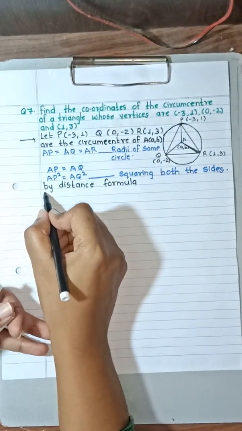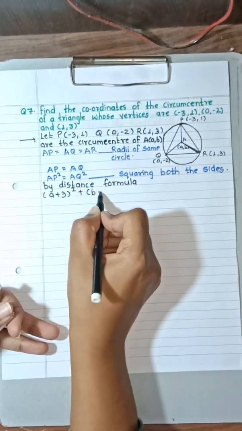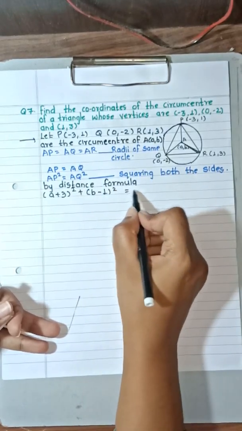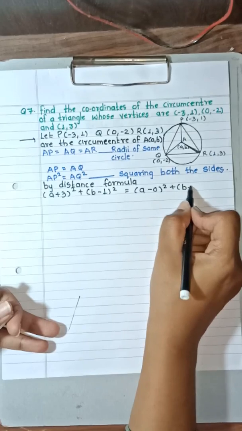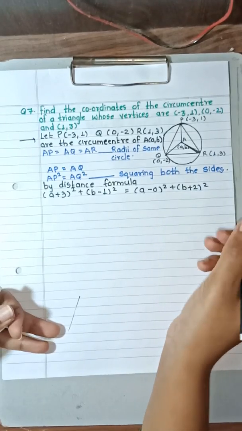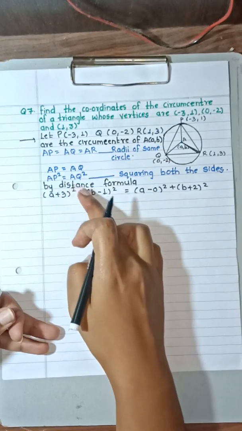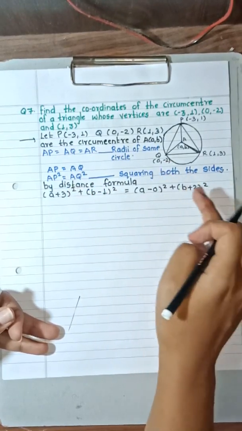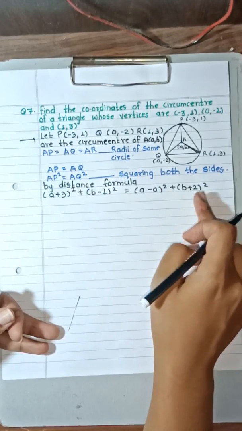Therefore you can write down here (a plus 3) square plus (b minus 1) square is equal to (a minus 0) square plus (b plus 2) square. Got it? Value of a and value of Q, what is Q? 0 and minus 2. Got it?